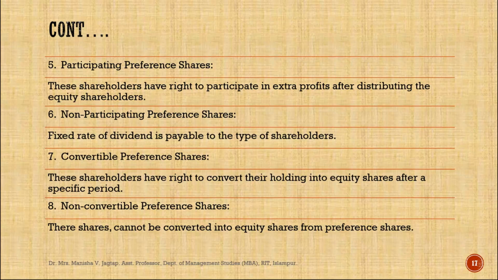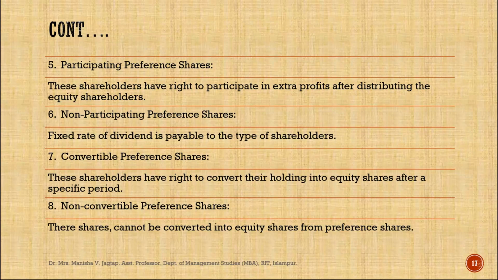Next is convertible preference shares. Convertible preference shareholders have a right to convert their holding into equity shares after a specific period, but the Articles of Association must authorize the right of conversion. Finally, at the end, non-convertible preference shares.